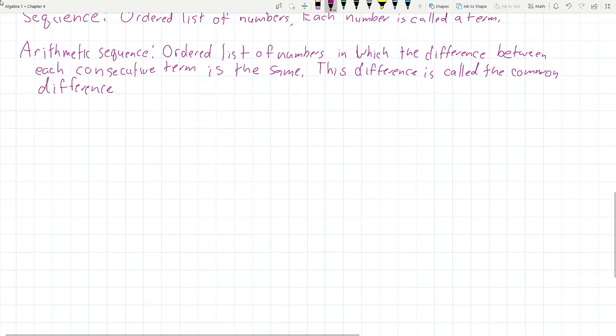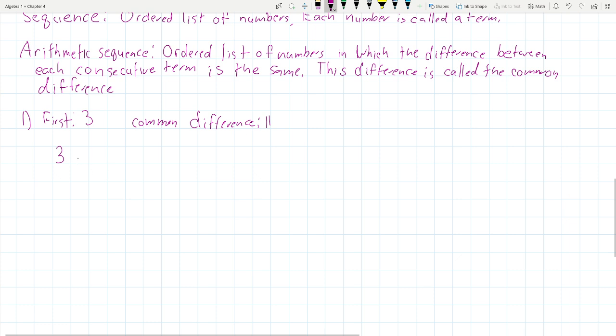So, for numbers 1 and 2, they asked us to write the first three terms of the arithmetic sequence. So, number 1, we're given that the first term is 3, and that common difference is 11. And so what that tells us in writing this out is we go 3, and then I can say, okay, I have 3, my common difference is 11.